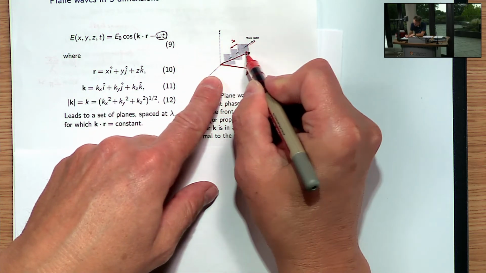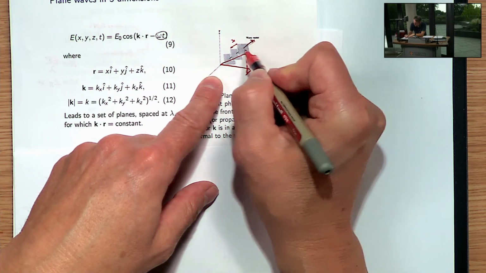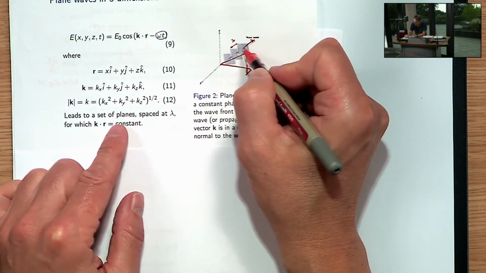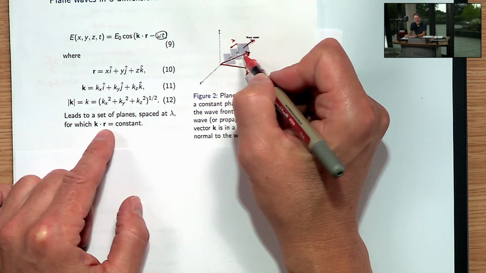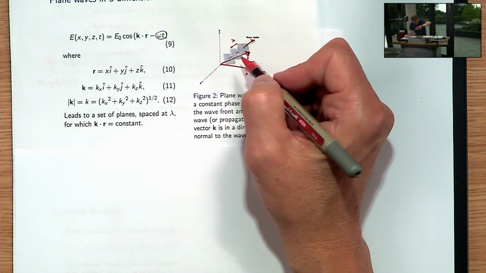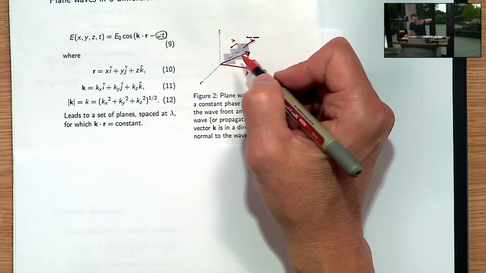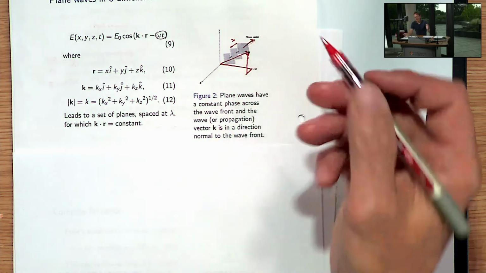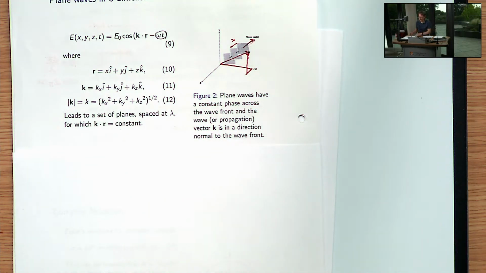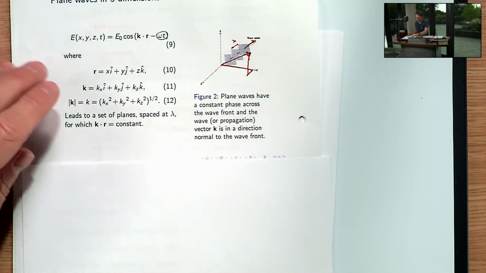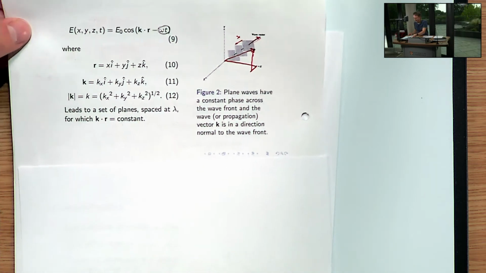So this vector, dot product with that vector, gives you the components across which, the planes across which the phase is constant. So spaced again at lambda. So you can try this out. You will see that this works.